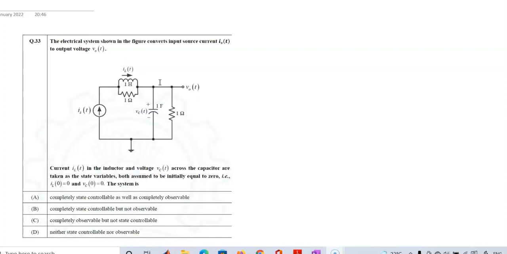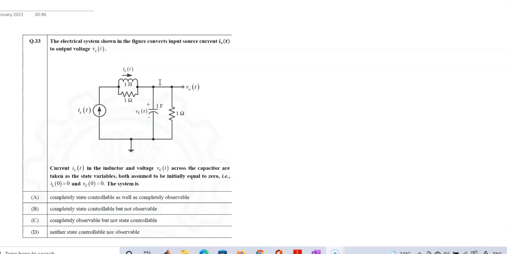The system is... this question is a blending of control systems and network theory. Let us find out the state equations. How will we find the state equations?